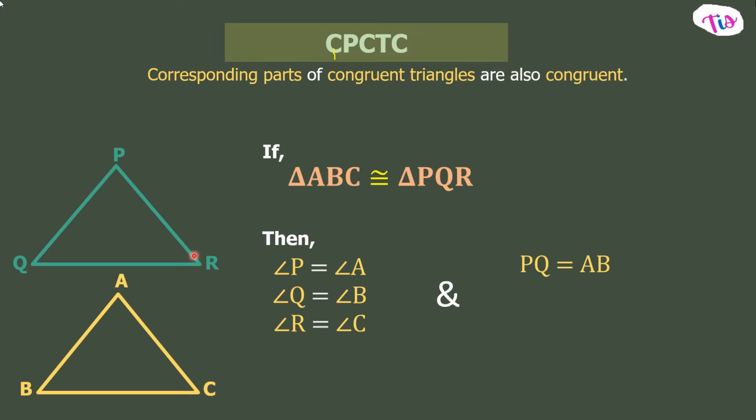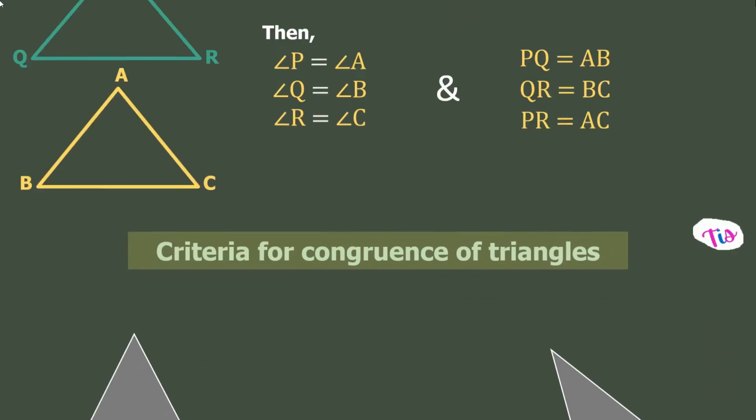So all the corresponding angles will be equal and all the corresponding sides will be equal. PQ will be equal to AB, QR will be equal to BC, and PR will be equal to AC.